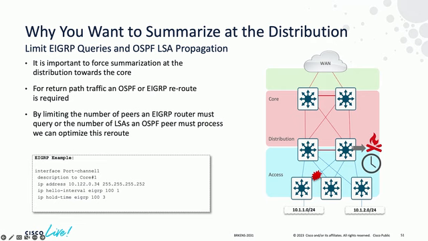Marcin mentioned it. I would like to expand it a little bit more. Summarization in distribution. So let's consider the situation where we have a link failure. We have a situation where this link goes down. As a response to such an event, the right distribution switch will start to send AJP queries.